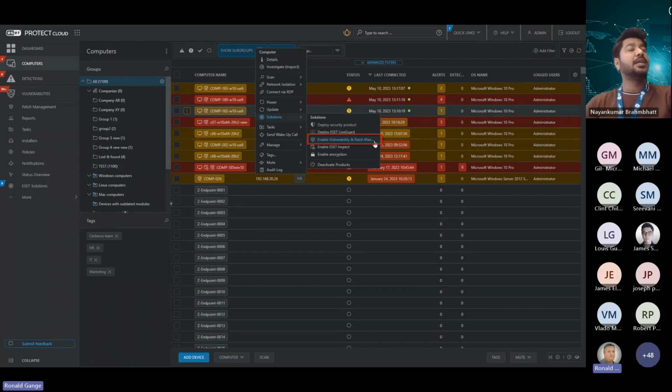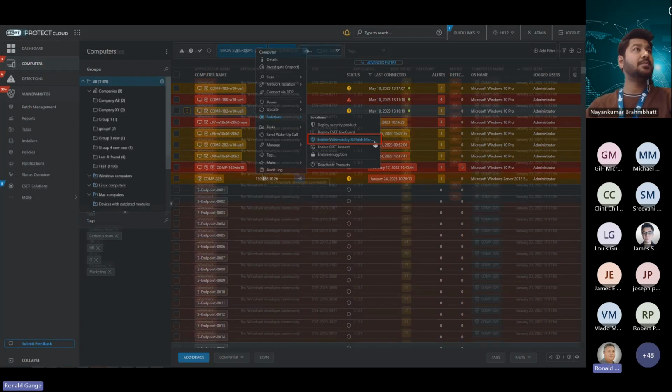If you are using ESET Protect Entry, or if you are on the ESET Protect Advanced bundle and you want to have this capability, you can simply upgrade to ESET Protect Complete or ESET Protect Elite, and this feature will be activated in your console. It's very easy to set up. You just select the workstation that you want to have it on and enable the feature.